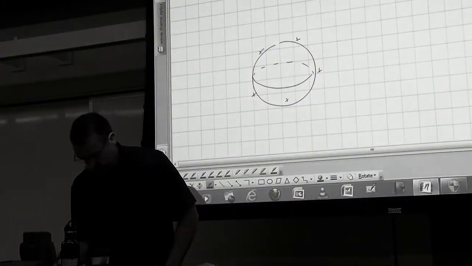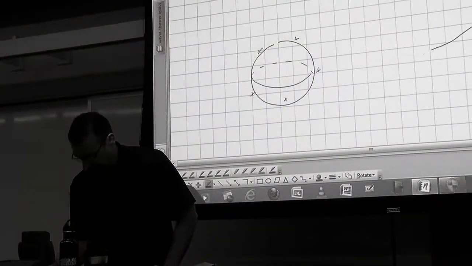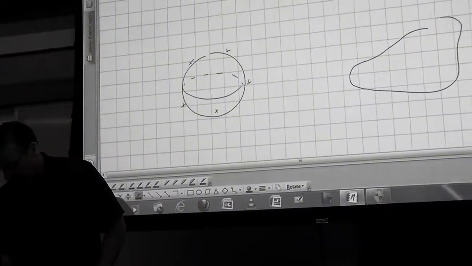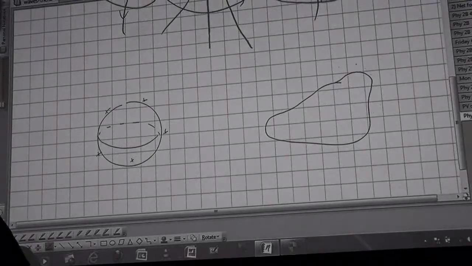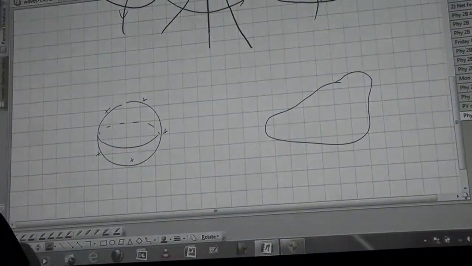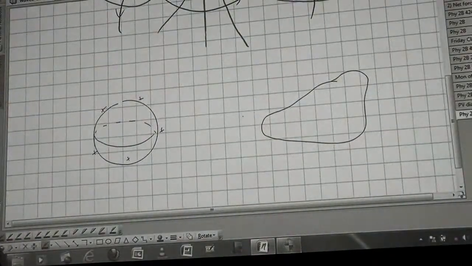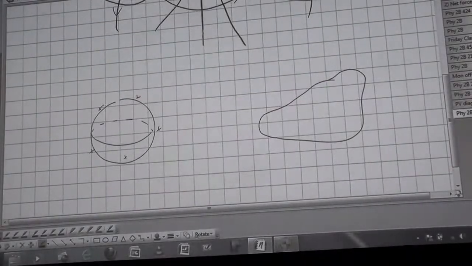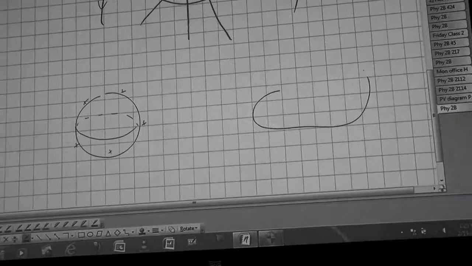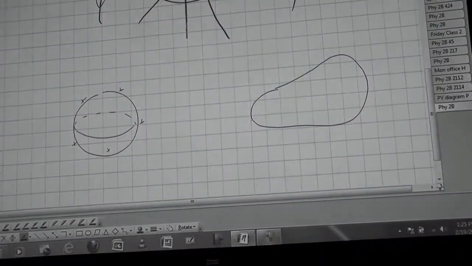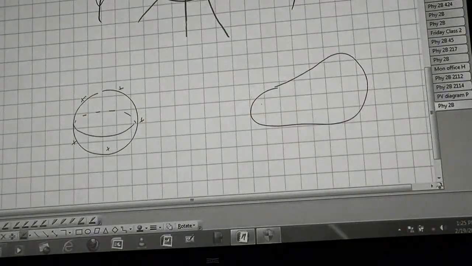If we have something that looks more like an odd shape, and we put excess charge on it, like a peanut or something. This is, I don't know what this is. Lima bean or something. Put some excess charge on it.